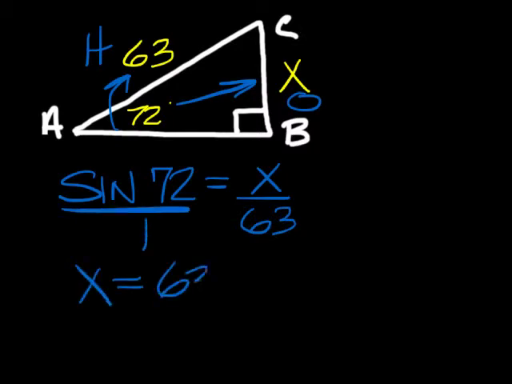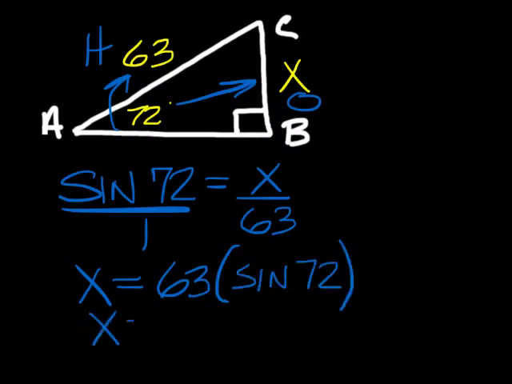Cross multiply to get x equals 63 times sine 72. Put sine 72 in the calculator first, and then multiply by 63. Should come back with 59.9.